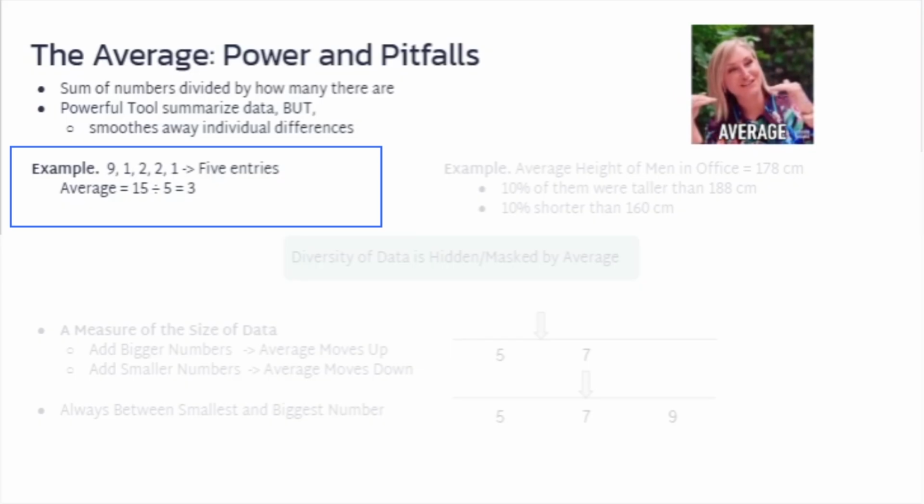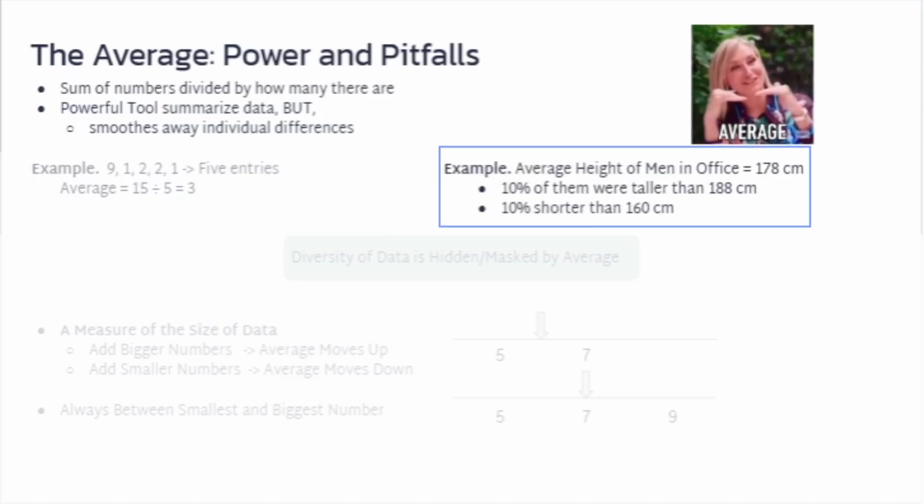Another example: look at the average height of men in a certain age group in your office. You measure the height of all the men in your office within a certain age range, and then you get the average height to be 178 centimeters.